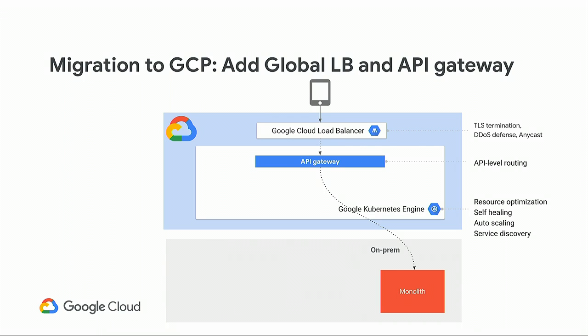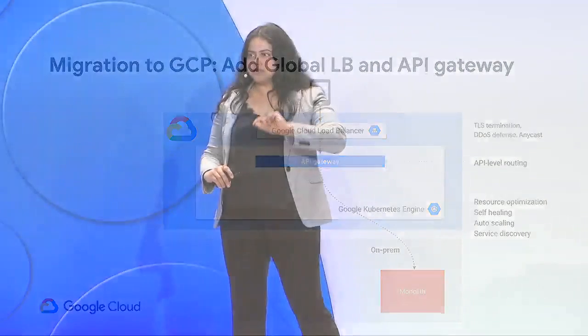We have several products like Apache that you can use. They wanted to do everything in a way that their services got containerized as they moved to cloud, so you can see everything in Google Kubernetes Engine, though nothing has moved there yet. The monolith is on-prem, and the traffic comes in through the global load balancer, through your API gateway, and gets routed to on-prem. So again, no disruption up to this point.